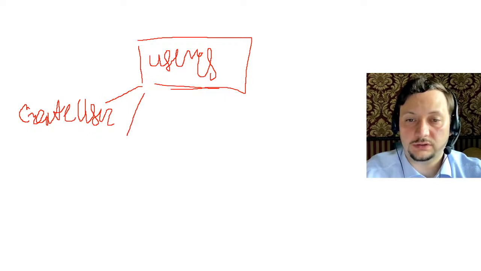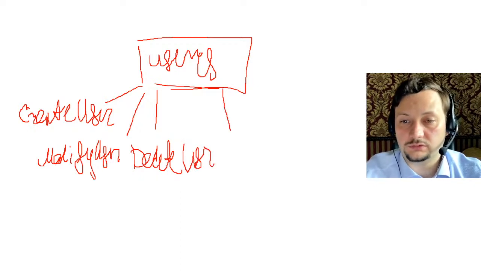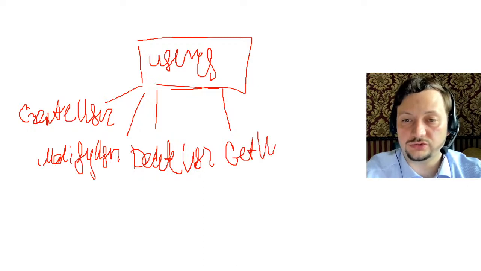We want to modify the user: modify user. We want to delete the user: delete user. And we want to get information about the user: get user.